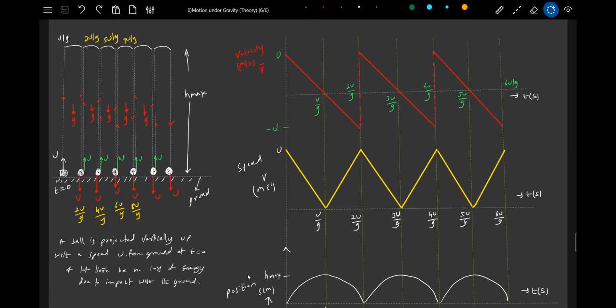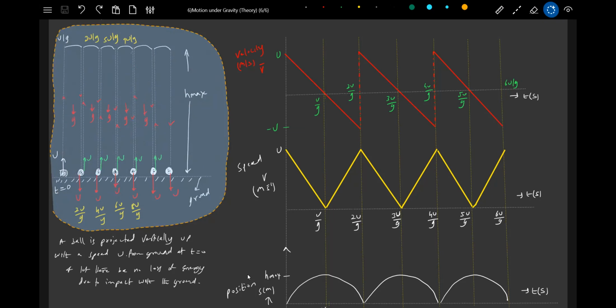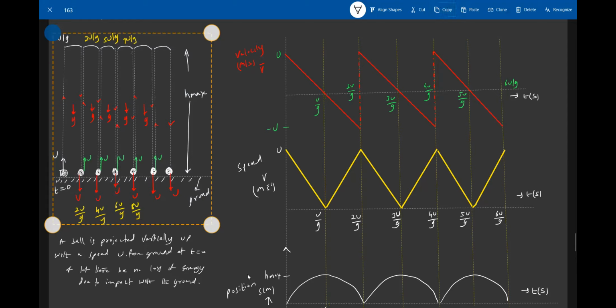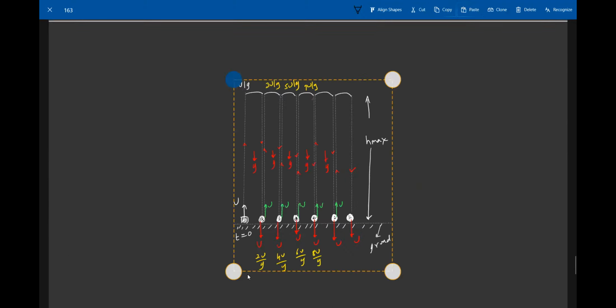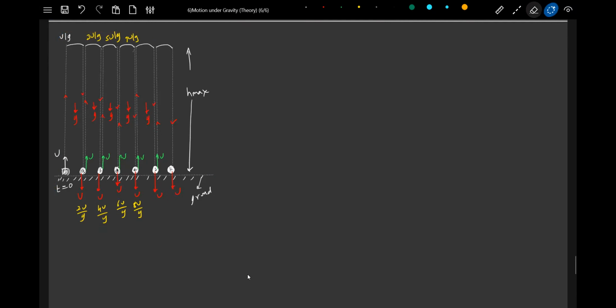I'll take help of the same diagram instead of drawing, and slightly modify it. I'll rewrite this data. The rest of everything will be the same.